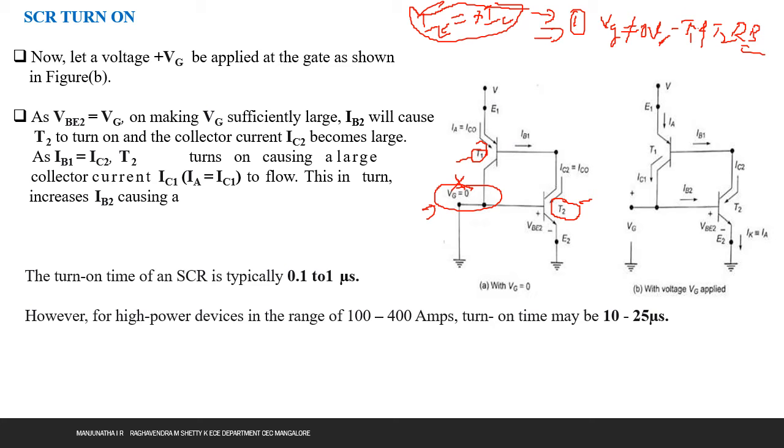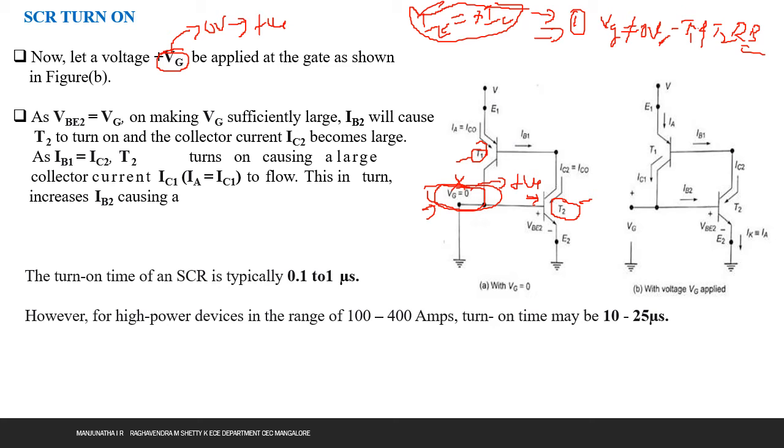Now let there be a voltage plus Vg. When we want to make the SCR turn on, we do not keep Vg equal to 0 voltage. We apply some positive voltage at the gate, as shown in the figure. In this figure we show Vg as 0 voltage, but it is actually some positive voltage.